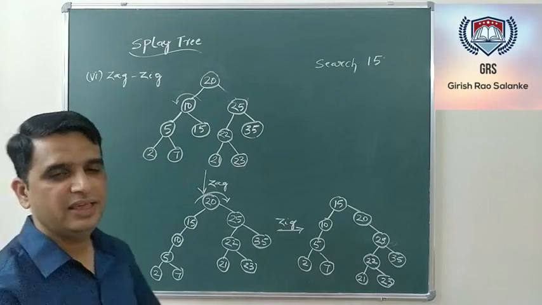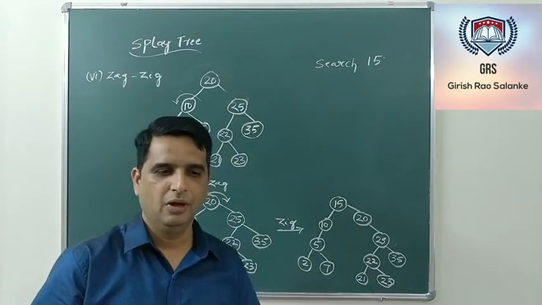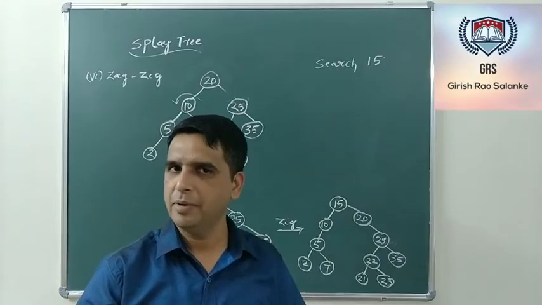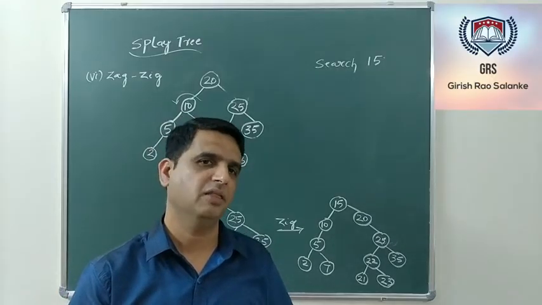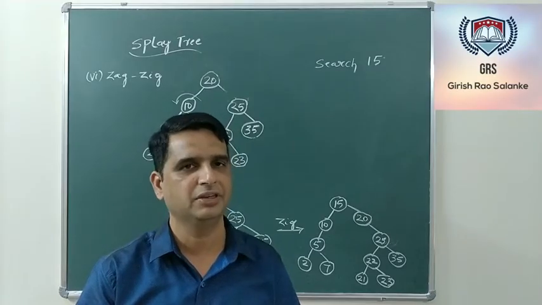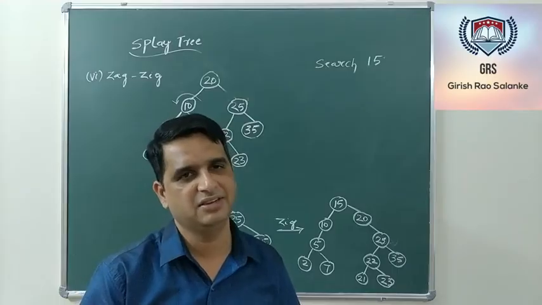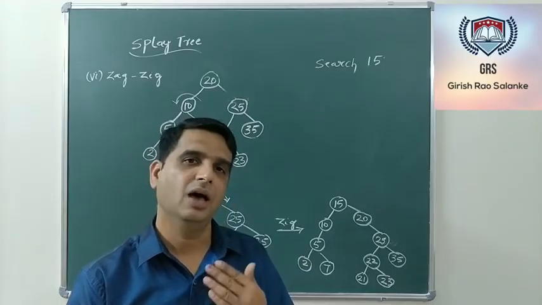This is about the zag-zig rotation. So note that I am repeating. In case of a splay tree, we perform the normal operation that we do in case of a binary search tree. But after performing that operation, we make sure that the recently accessed key becomes the root node.